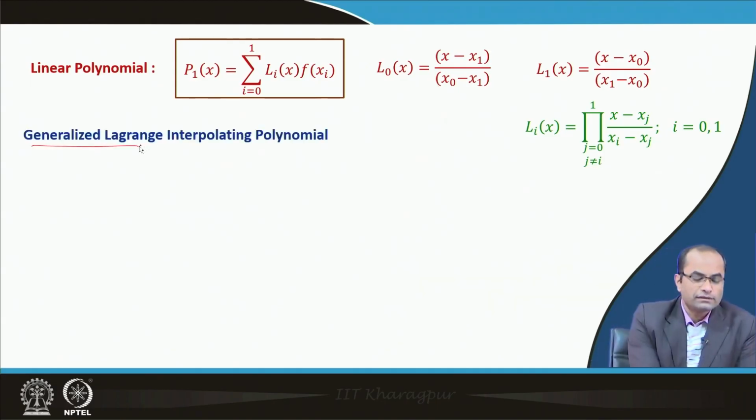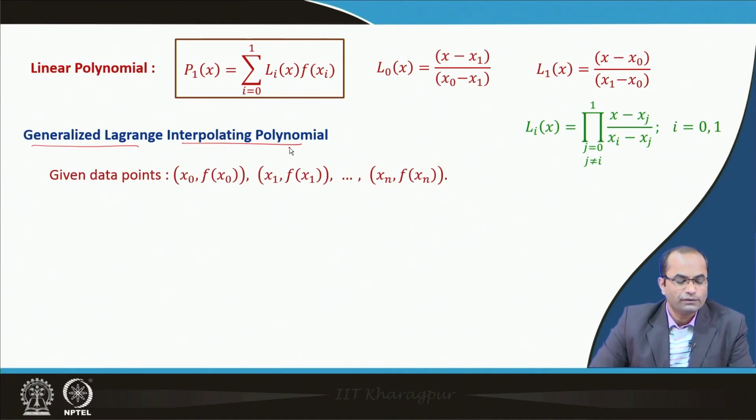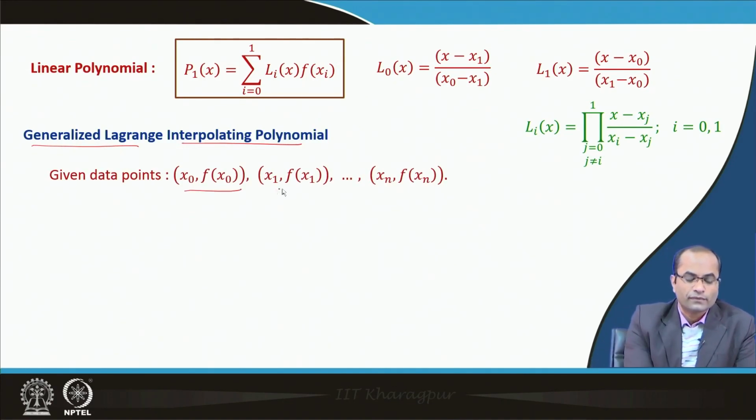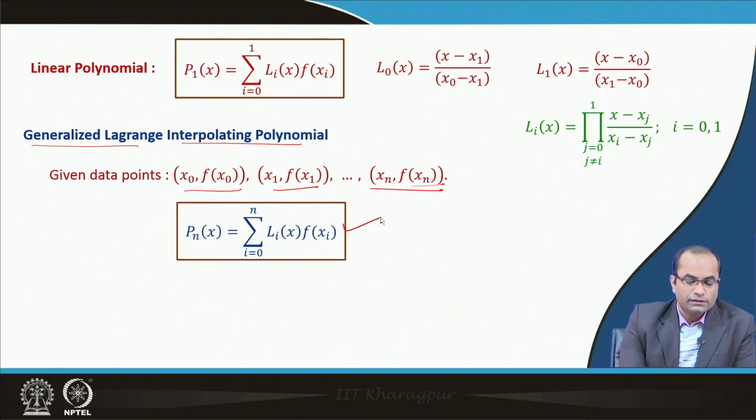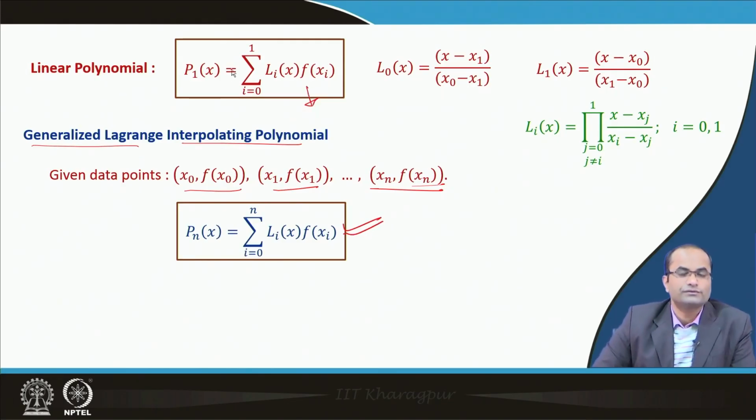Well, so the generalized Lagrange interpolating polynomial: suppose n plus 1 points are given, (x0, f(x0)), (x1, f(x1)) and so on up to (xn, f(xn)). So, there are n plus 1 data points given, then we can construct a polynomial of degree n. That means we are generalizing what we have just done for degree 1; we could do it for 2 and then generalization will be much easier.